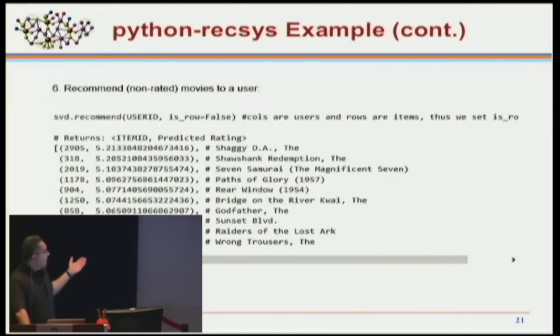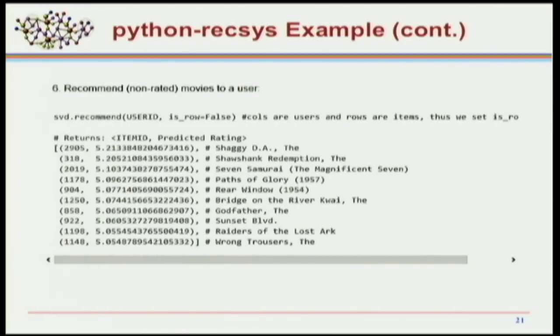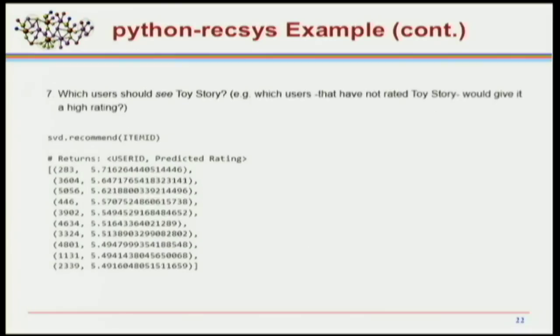One more example is a recommendation for a user, but this time you select all of the non-rated items for a particular user, generate predictions for all of those, and then rank them based on those predictions. You can then use this to decide how many of those you actually want to give to a particular user.